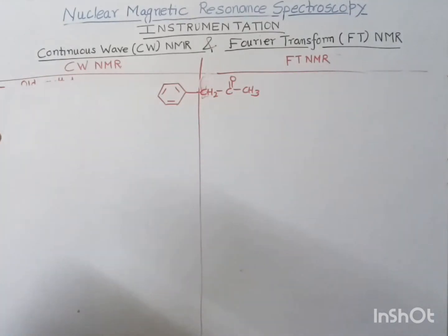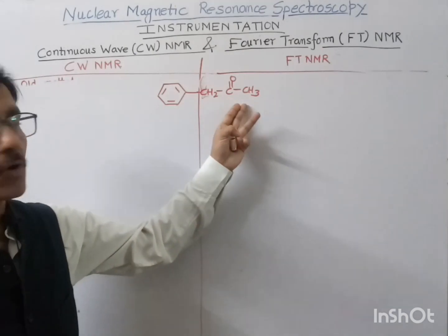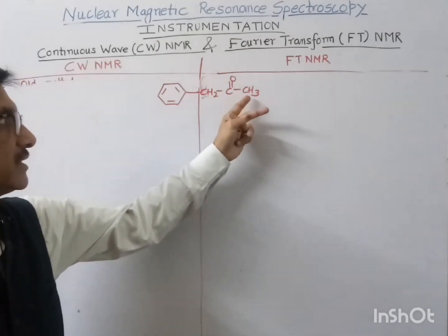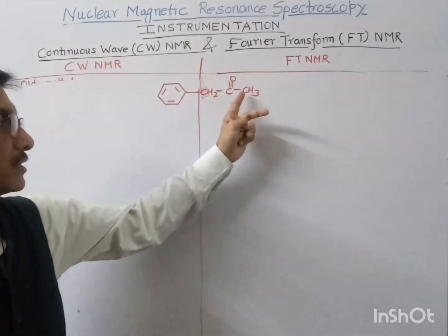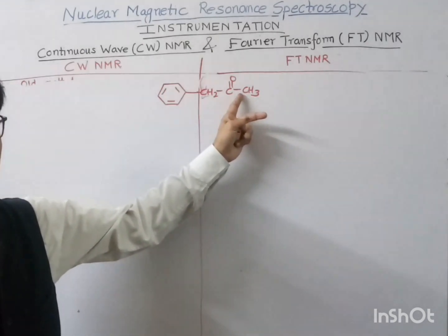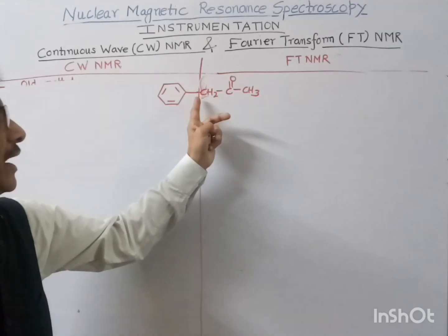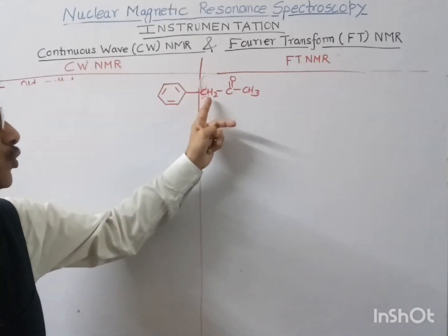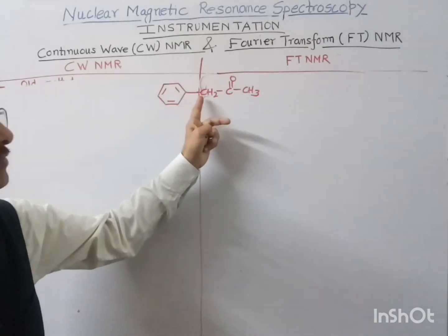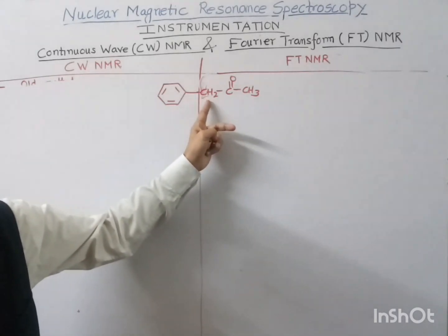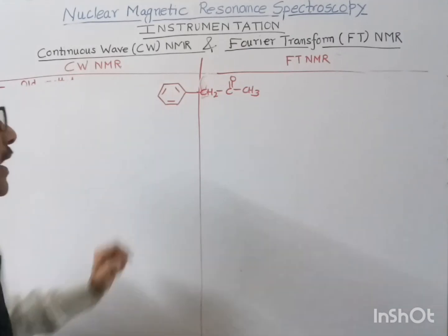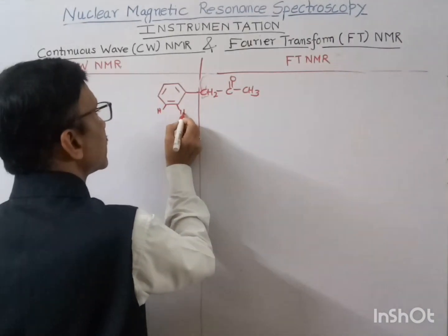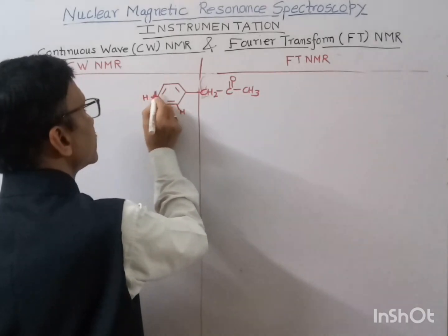In phenylpropanone we have three types of proton. One is the CH3 protons, these three protons of CH3 are in the same environment. Another type is the CH2 protons, the two CH2 protons have the same environment, and the 5 phenyl protons have the same environment.